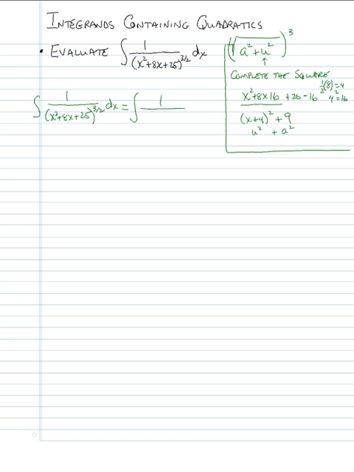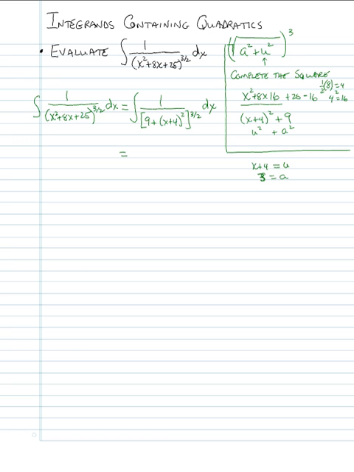So the way we're going to write this denominator is 9 plus x plus 4, the quantity squared, and that whole thing is to the 3/2 power, and we're integrating with respect to x. Now that leads us to the idea that the x plus 4 is really our u value, isn't it? And the 9, well, actually, the 3 is our a value.